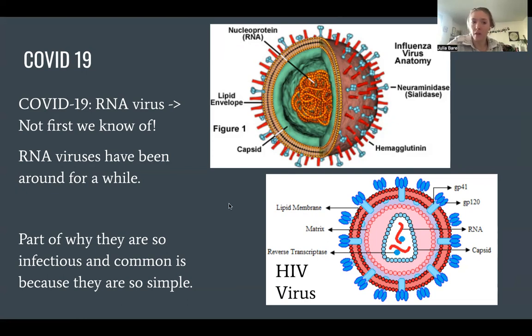Now, one of the debates about the COVID-19 vaccine was how quickly it was produced. But the problem is the COVID vaccine was in development for a very long time. RNA vaccines had been in development for a very long time.